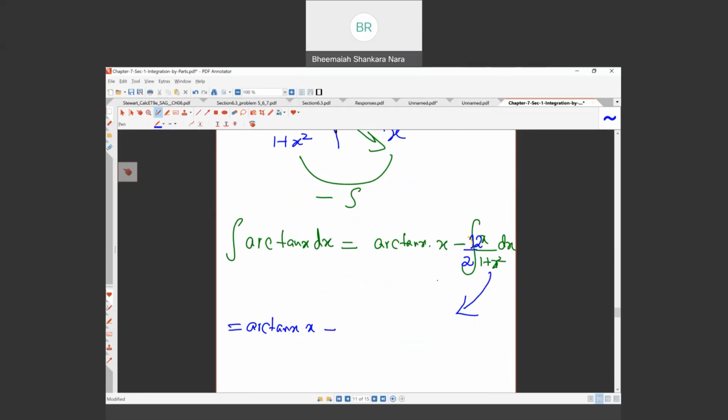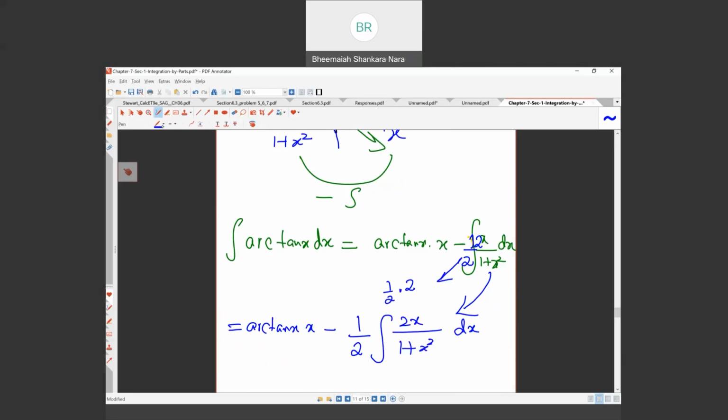So all I'm doing is multiplying and dividing by 2. When I do this, the integral looks like this, 2x divided by 1 plus x squared dx. Well, in the same step, if you cancel 2, you're going back to the previous step. So it is okay to multiply and divide by 2.